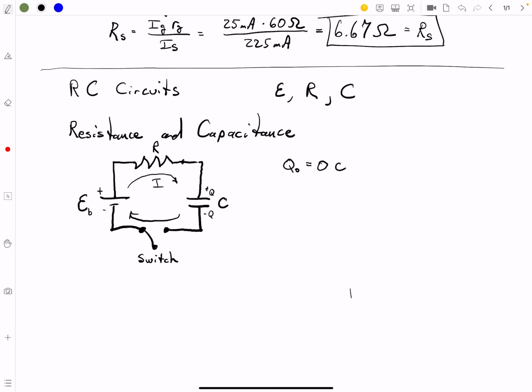And then the capacitor will start charging, okay? But let's just think exactly when we flip the switch closed, right at that very moment. All it's doing is letting the charge build up, but no charge is there yet, so I flows freely throughout the whole thing. We have an I naught, okay?